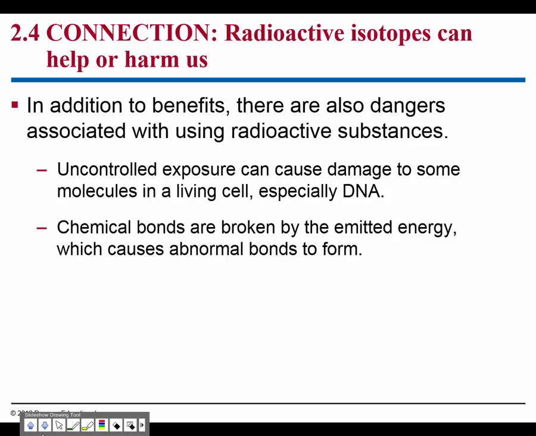But when we're dealing with radioactive materials, if we're exposed to them, they can break the chemical bonds that DNA uses, and so they can cause mutations, they can cause death, and all sorts of different things.